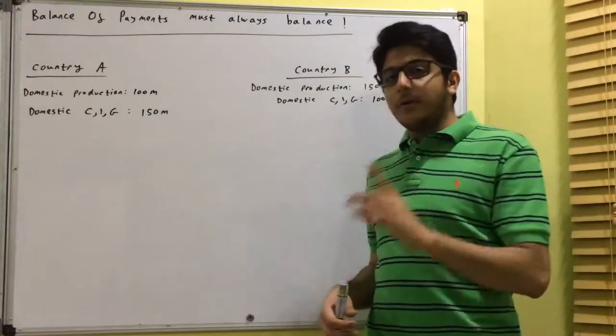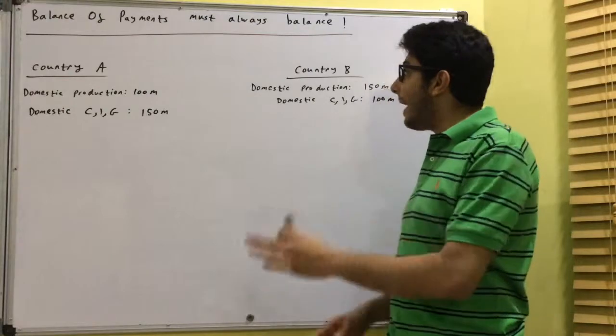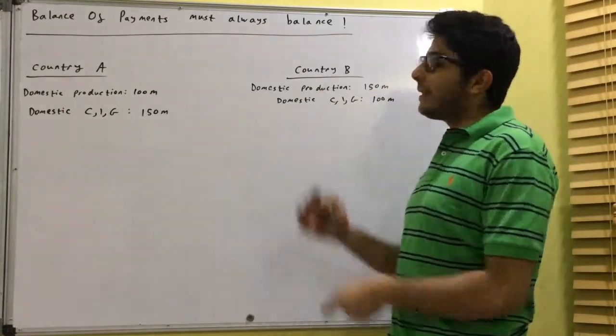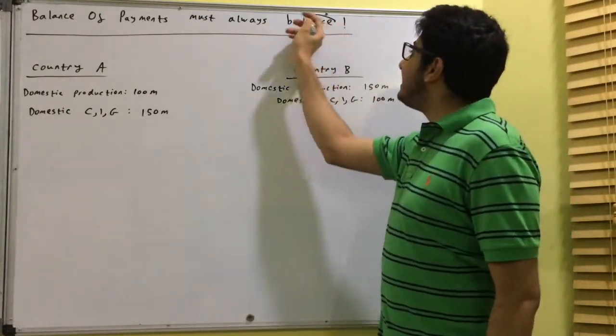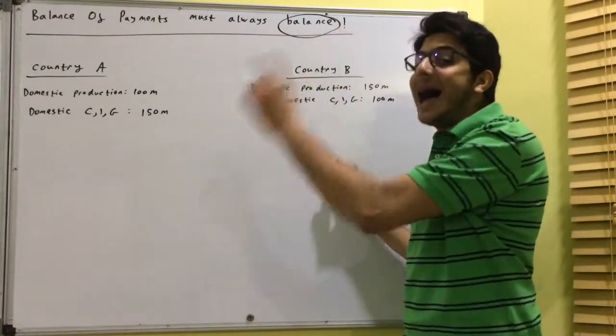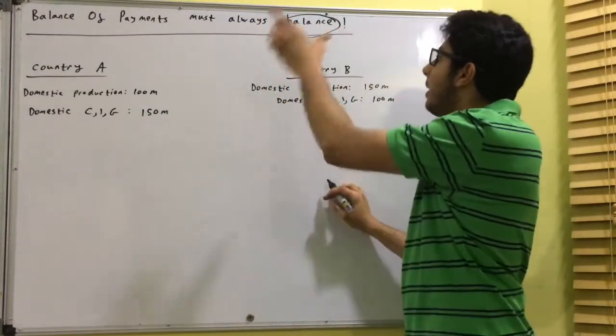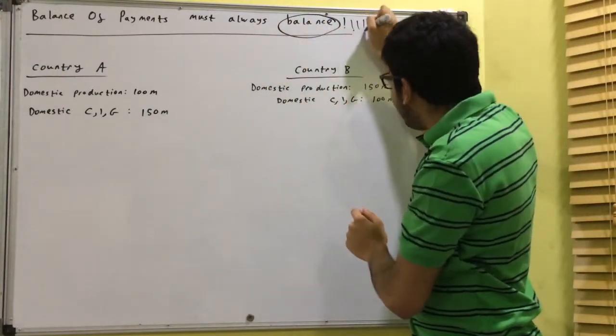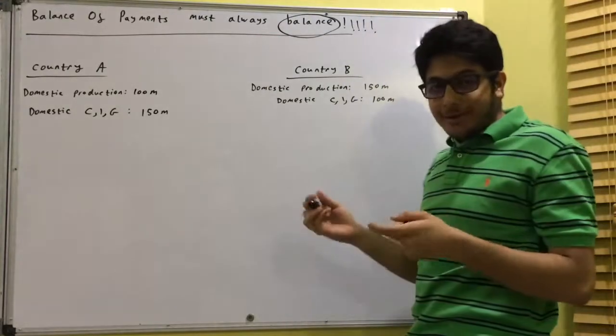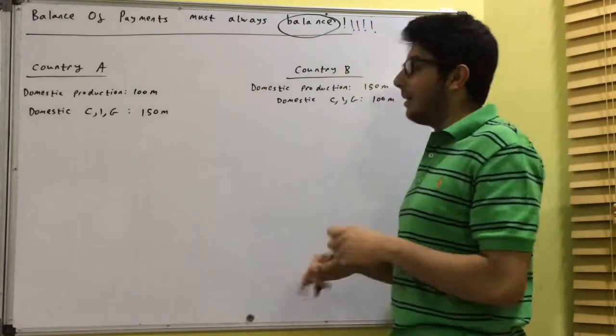Now, a very important thing you must know about the balance of payments is that it always balances. The balance of payments must always balance. What does that mean? I'm going to explain it.